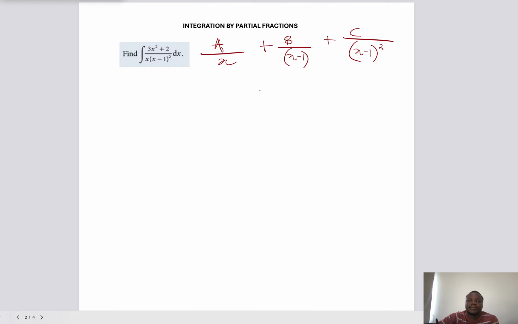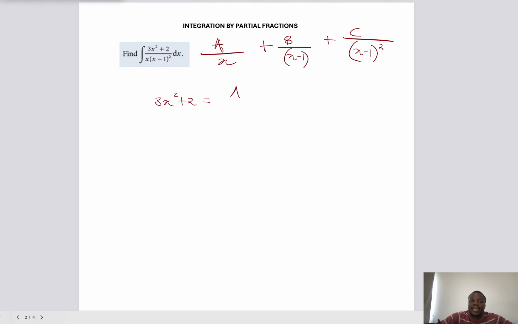Okay, so now here what we need to do is to remember that when we want to find what equates the numerator of the given expression, this has to multiply the highest degree factor. So first we write 3x squared plus 2 equals, if you've forgotten the rules, since this is a repeating factor, we are just going to have a multiplying the highest degree factor.